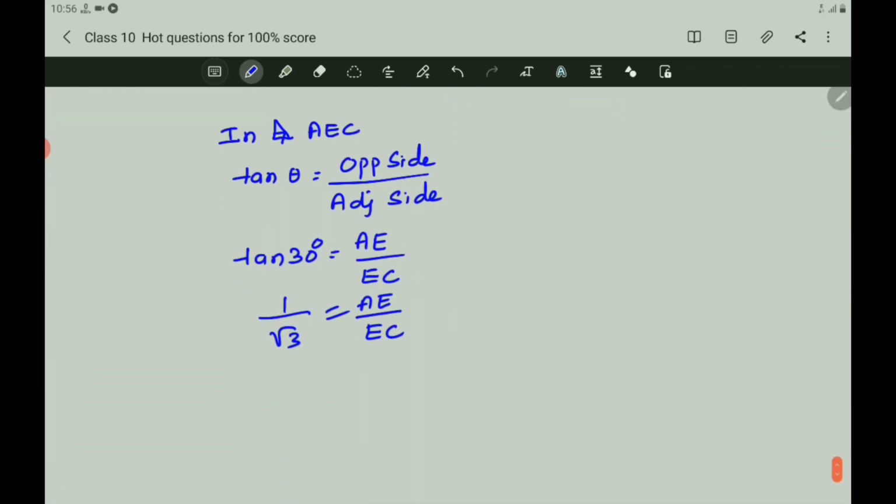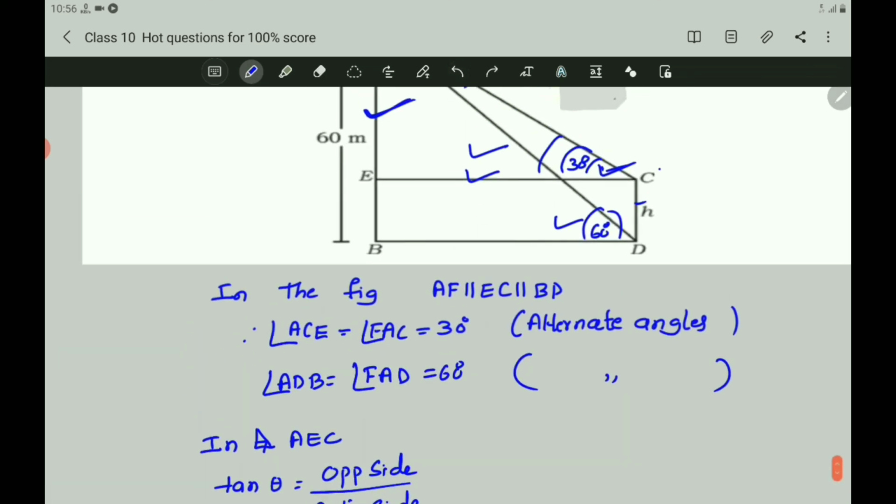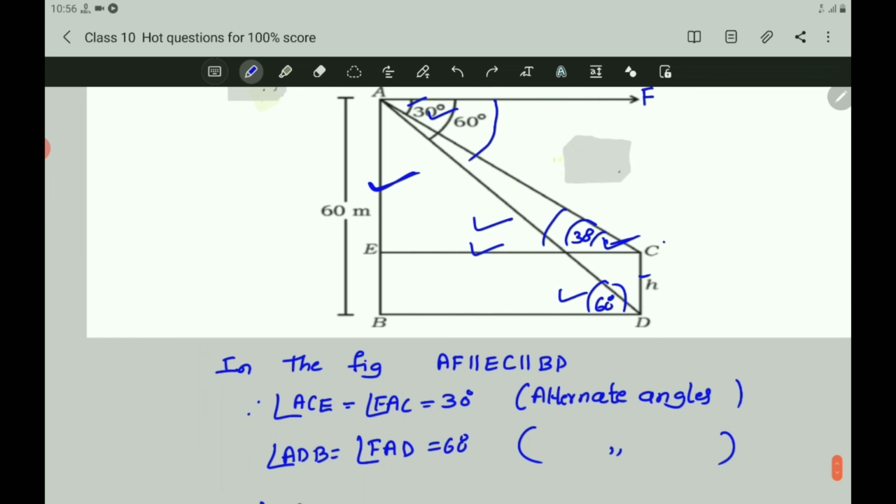So you can take EC equals, do the cross multiplication, it becomes AE into root 3. Consider this is the first relation. EC is equals to AE into root 3.